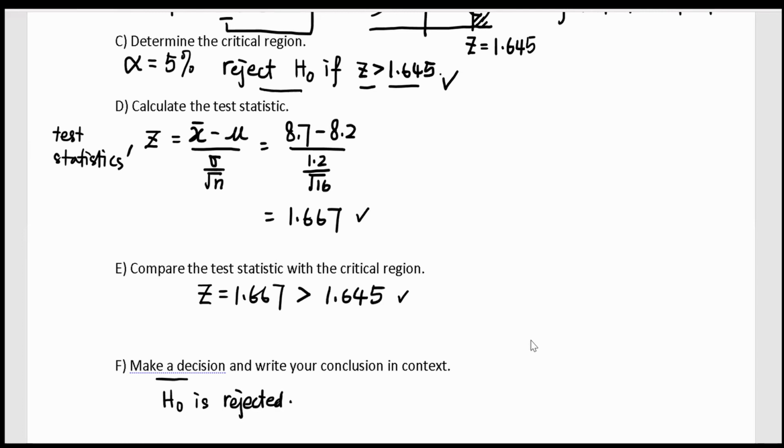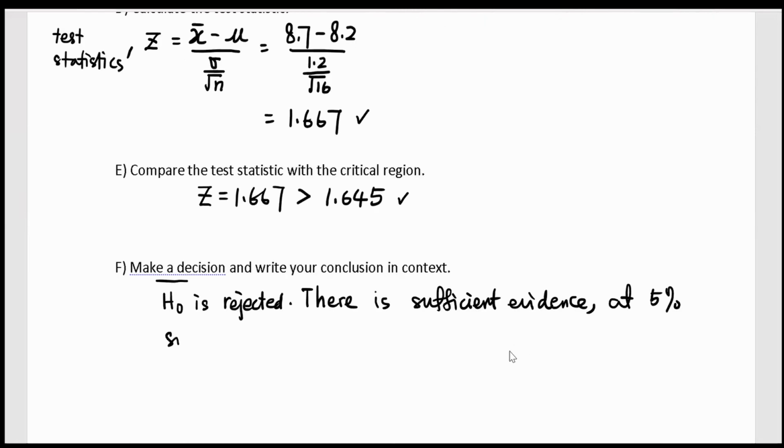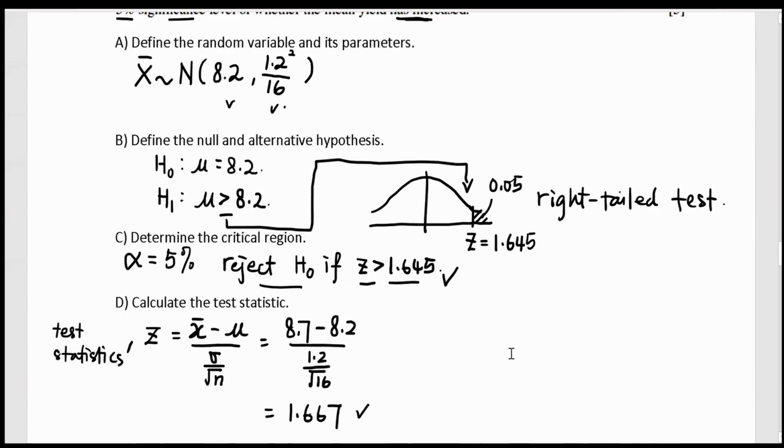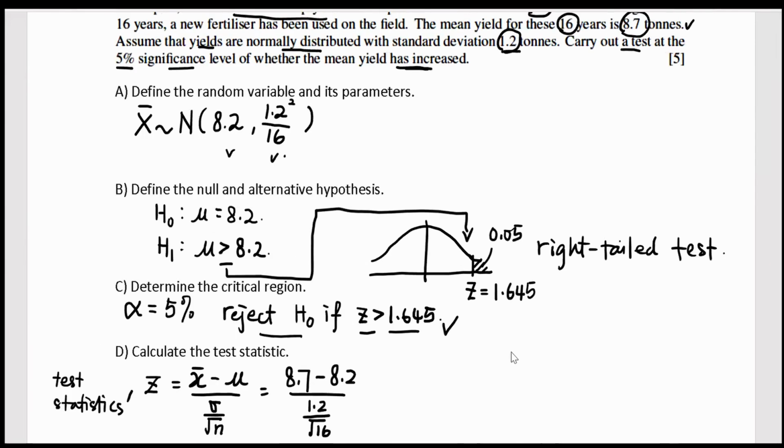Then you have to make your conclusion in the context of the question. So there is sufficient evidence at the 5% significance level, and we refer back to the question. What does it want us to test? We want to test whether the mean yield has increased.